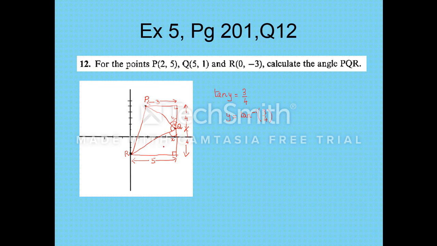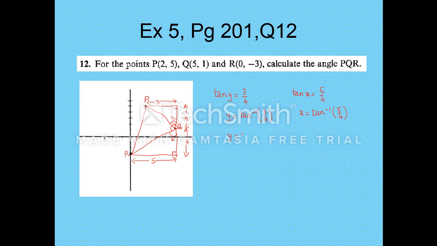Similarly, if we consider this triangle, tan x will be equal to 5 over 4, so x will equal tan inverse of 5 over 4. Now we can use our calculator to find the angles y and x.